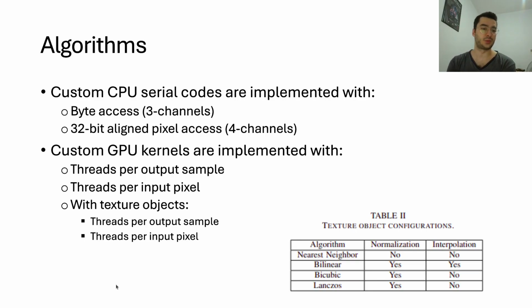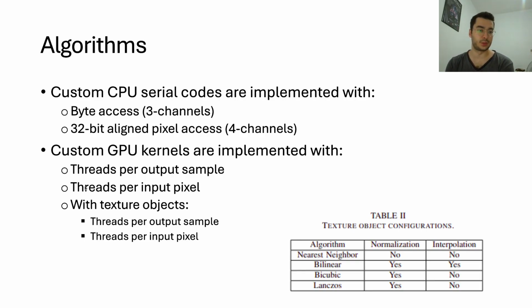I tried to reduce this negative effect with shared memory, which helped a bit, but then I used a different approach, which was to launch threads per input pixel, which loads a nearby 8x8 pixel per thread, and then calculates the corresponding output samples.